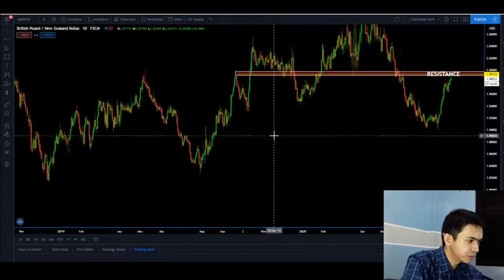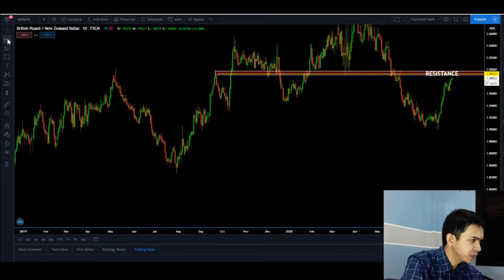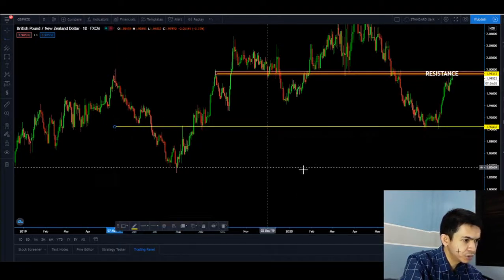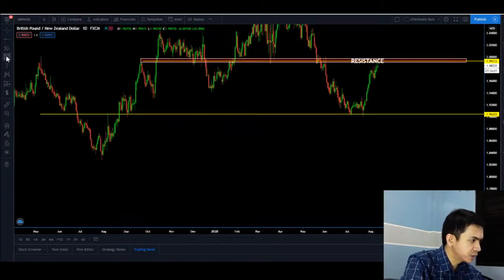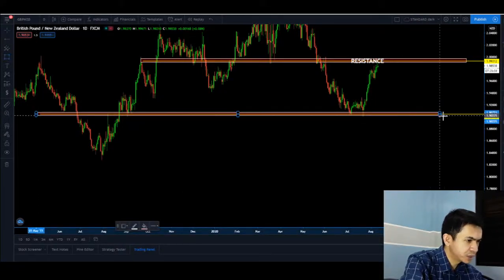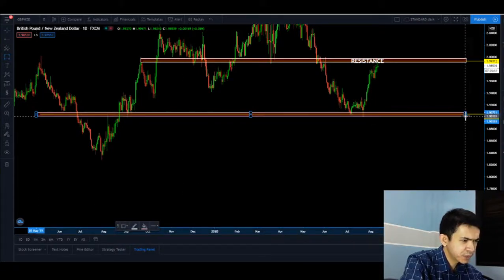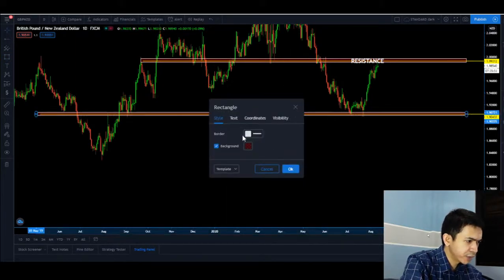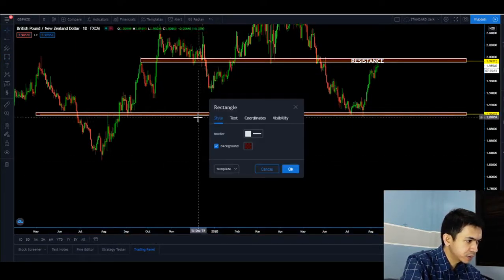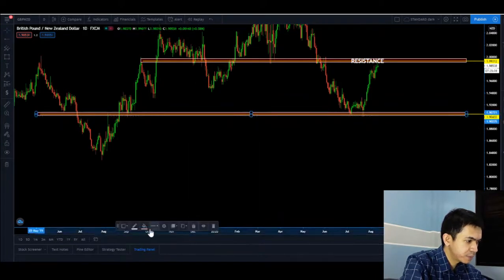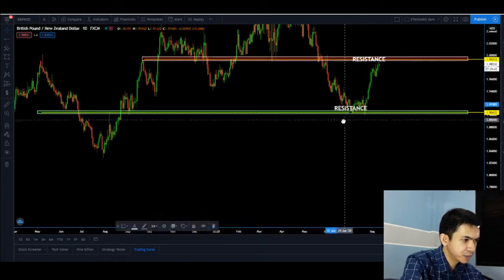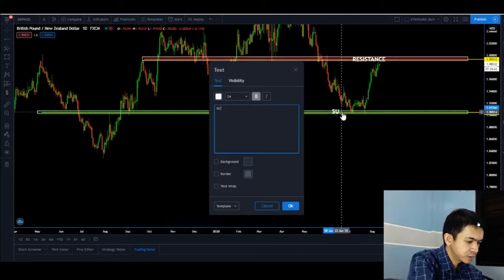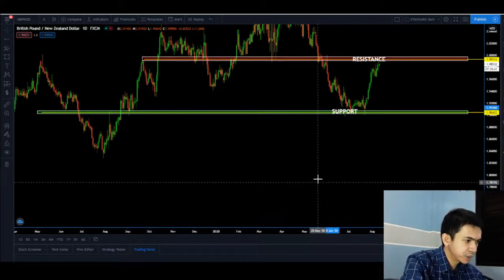So here we also have a key significant support. This is going to be my horizontal support on a daily perspective.